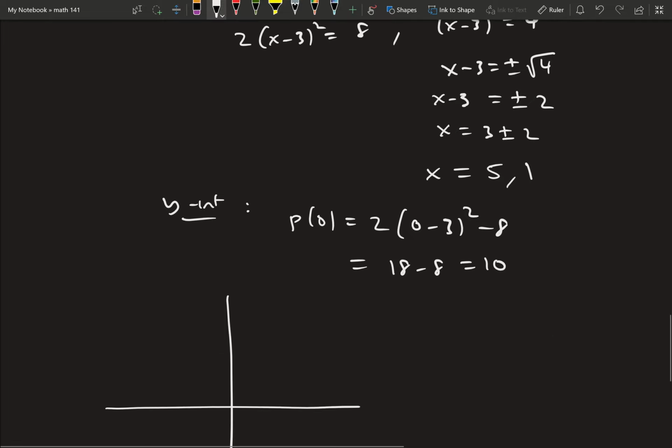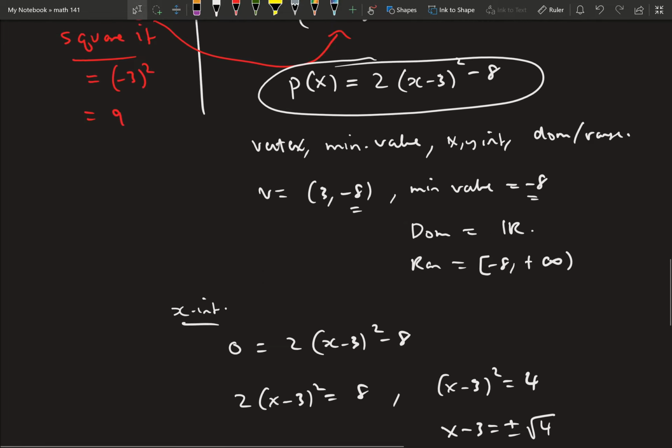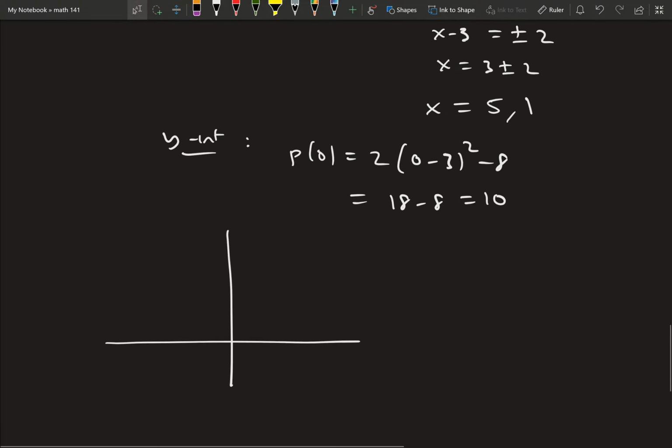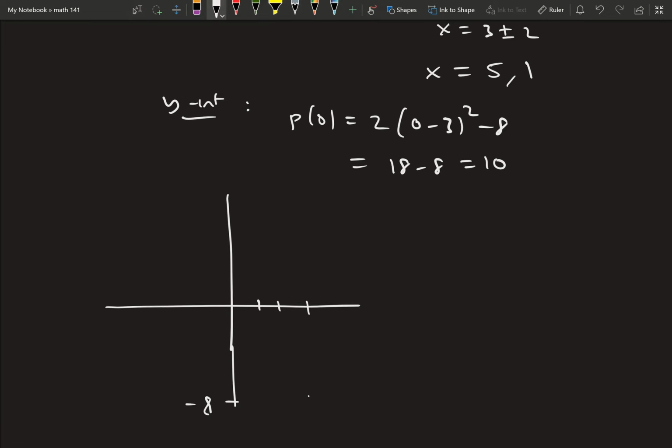We had our vertex of 3, negative 8. So 1, 2, 3, and then somewhere down here is negative 8. We have an upward pointing parabola. Well, the y-intercept is right here at 0, 10.